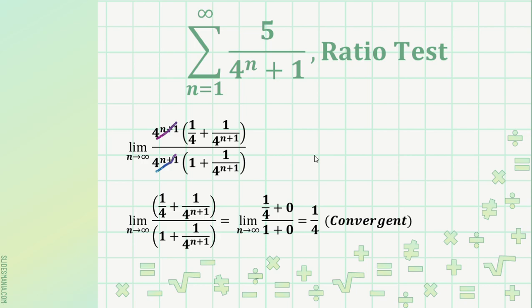And then we change n to infinity. So what we got is 1 over 4 plus 0 over 1 plus 0, so it becomes 1 over 4. So 1 over 4 is convergent.